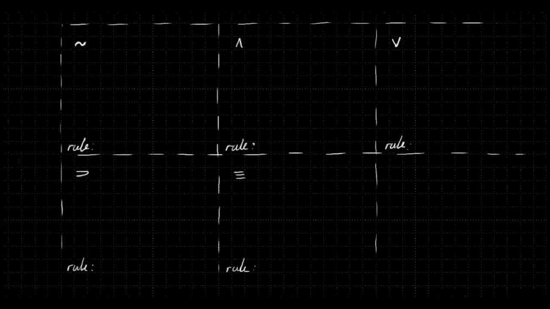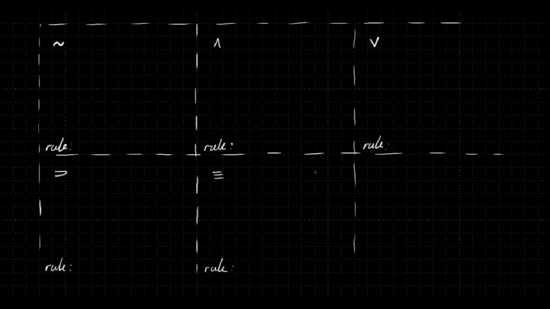So first of all, let's look at the meanings of the logical constants. The tilde symbol that we saw in the previous session is commonly read as not, or as a negation.